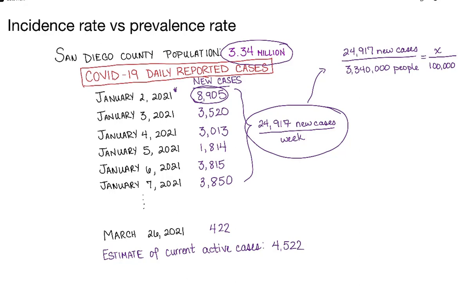And again, the per 100,000 people is a way to normalize across geographic regions that have different population sizes. So if I solve for X here, what I actually get is 746 cases per 100,000 people. So that represents the incidence rate for the first week of January in San Diego County.